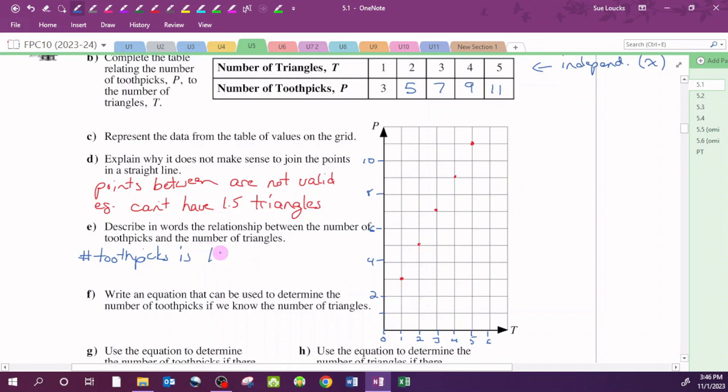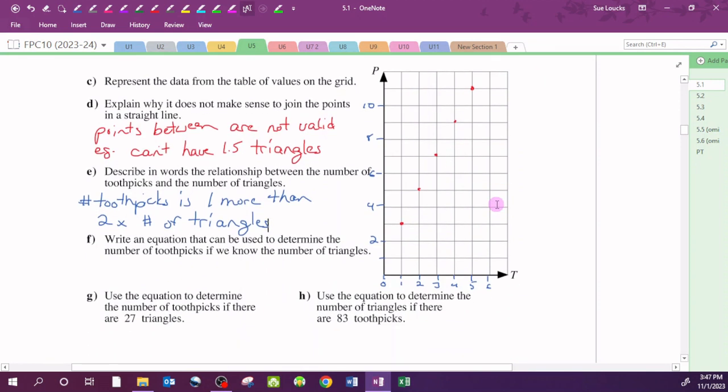It's 1 more than 2 times the number of triangles. And if you're not sure where I pulled that from, don't worry about it right now. We're going to get that. There's a process I'm going to show you to do this. Just not going to do that right now. Okay.